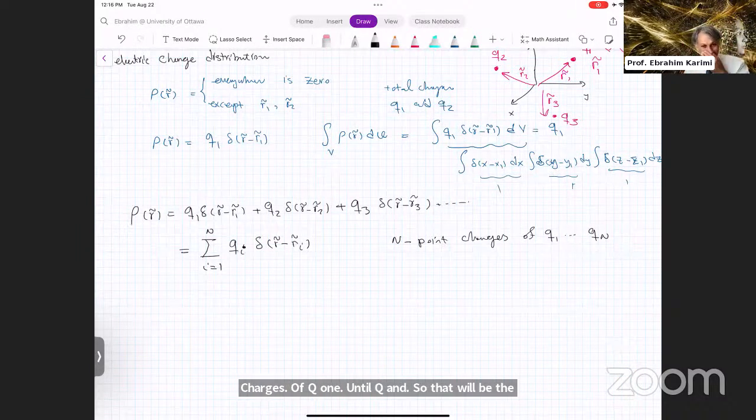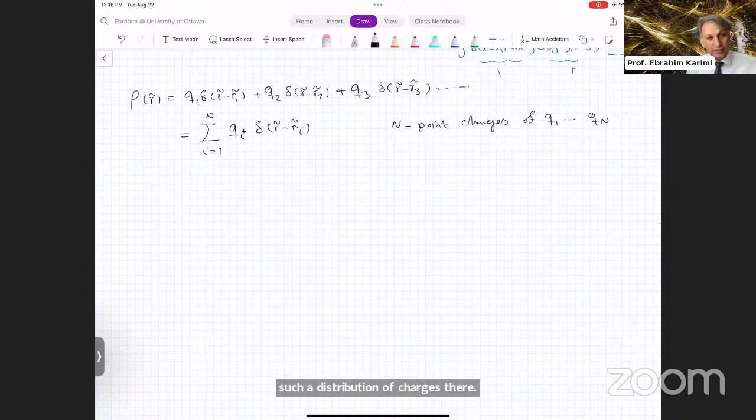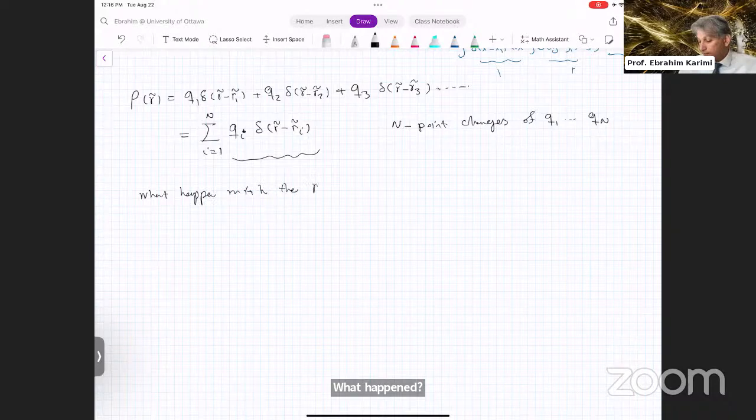And finally, if someone is asking you, what is happening with the potential if I have such a kind of charge distribution? Can you calculate the scalar potential for this charge distribution?